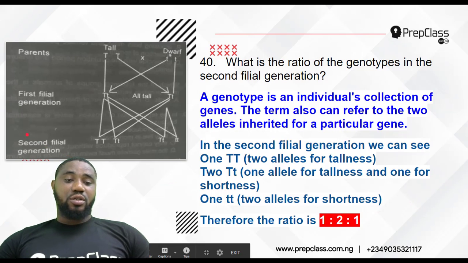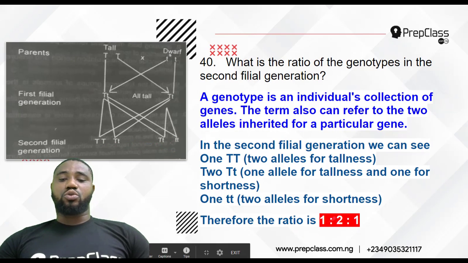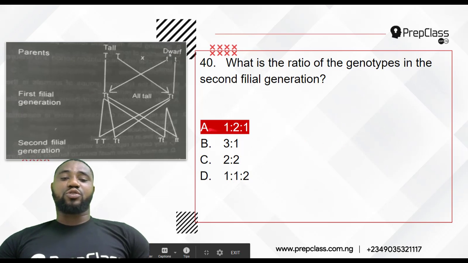So it is 1 homozygous tall that has no gene for shortness in him, 2 heterozygous tall but they have gene for shortness in them, and 1 homozygous short. So that's 1:2:1. So the ratio is 1:2:1, and your best answer is 1:2:1.